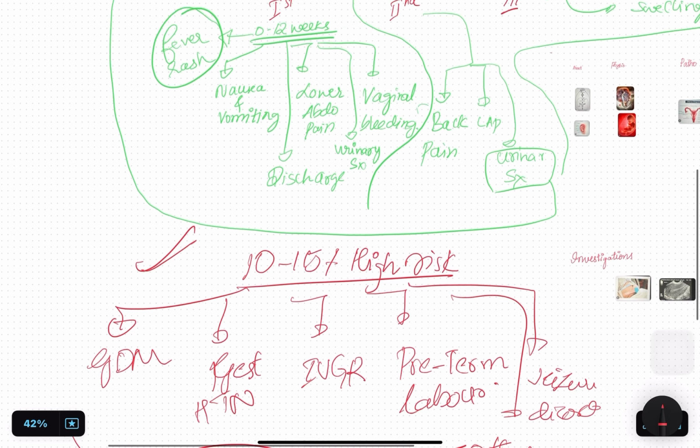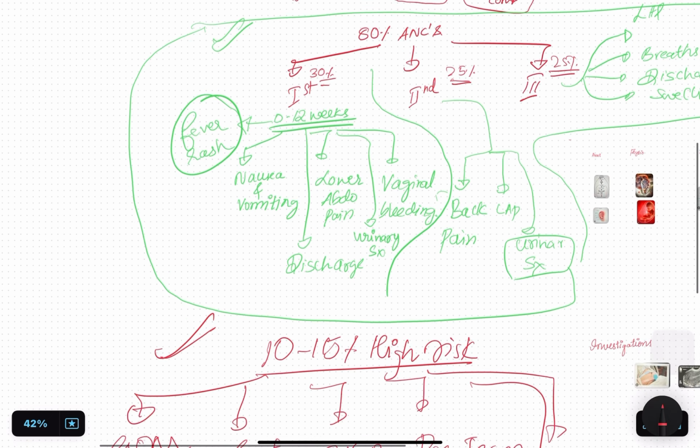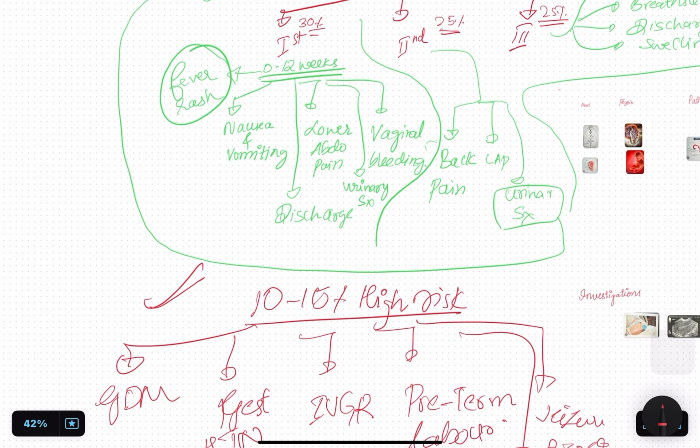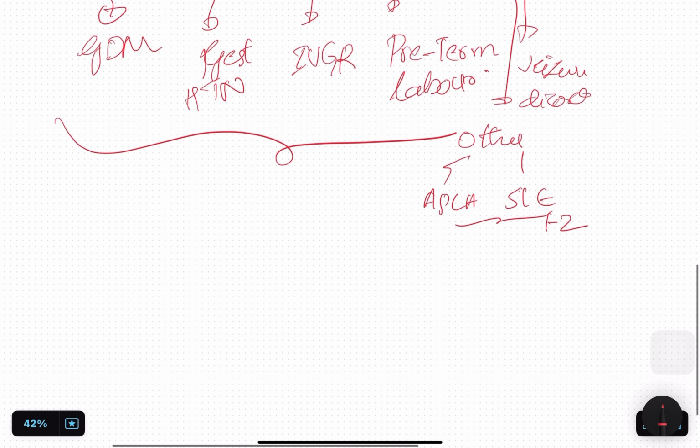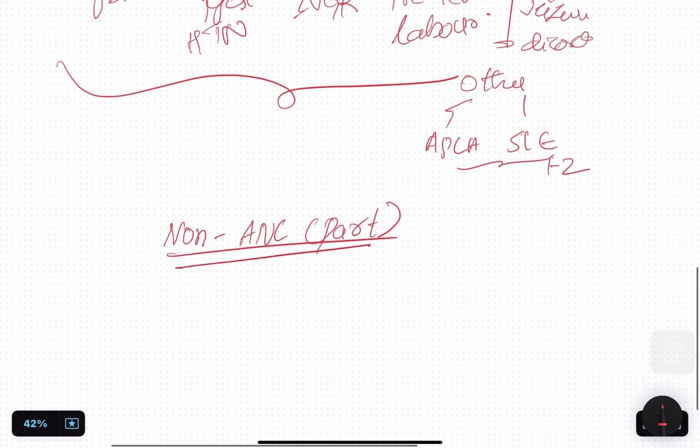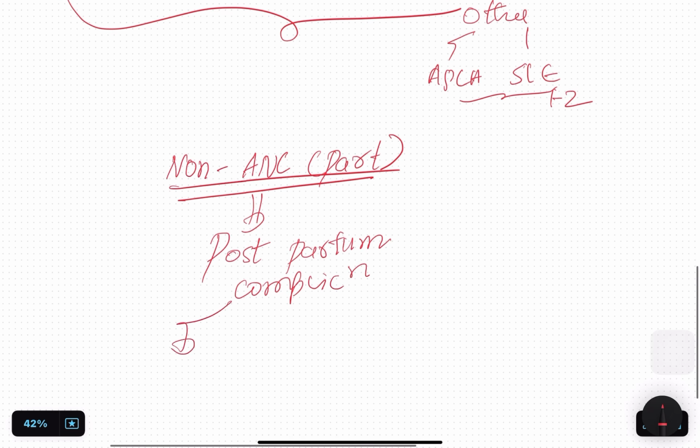Now, yes, 80 plus 10 to 15, okay, almost 90%. Now let us jump to the non-ANC cases which you see. That is, what do you think? After pregnancies, that is mostly postpartum complications like infections, like mastitis, then any lactational problems.